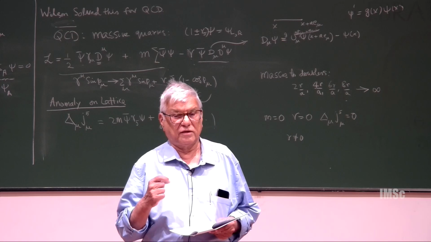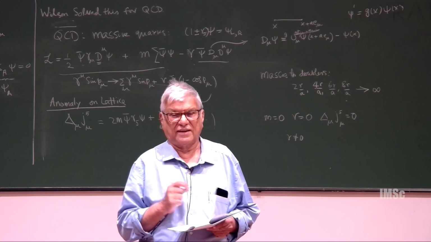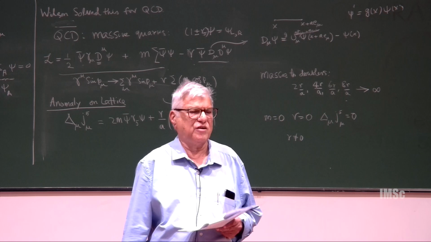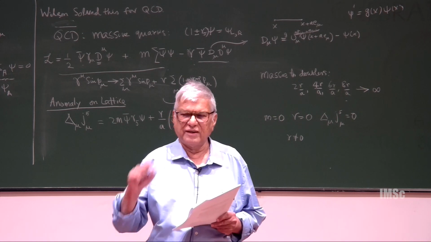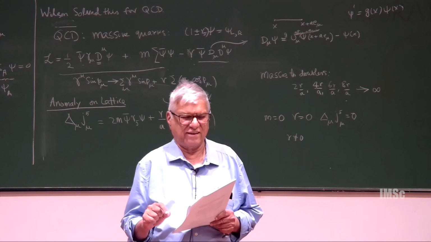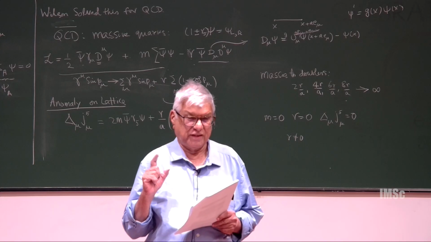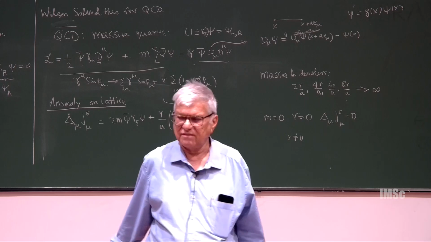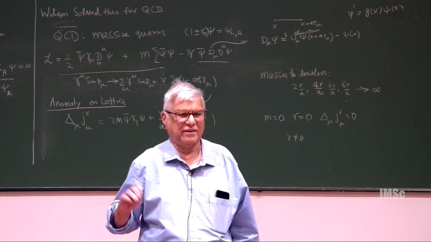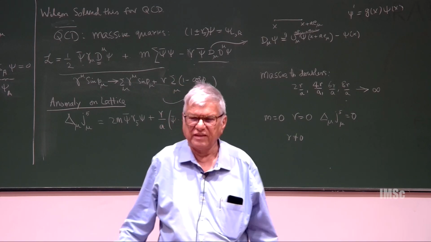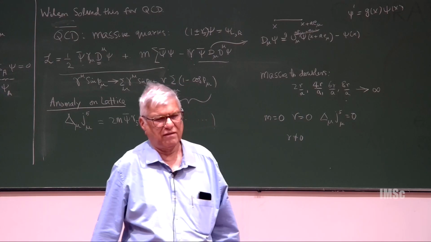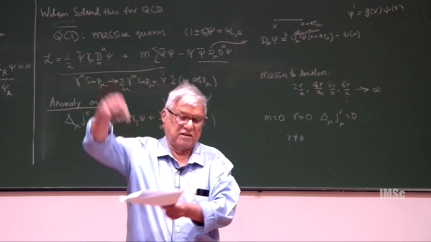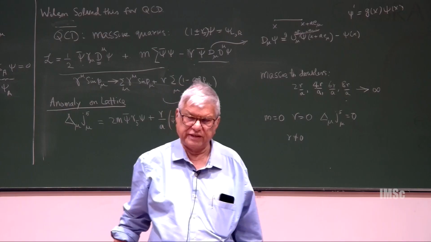And that's not all. The correction doesn't depend upon the exact value of R. It only depends on R being non-zero. So the anomaly in the lattice comes out correctly, in spite of Wilson tampering with the action to send the doublers to infinity.